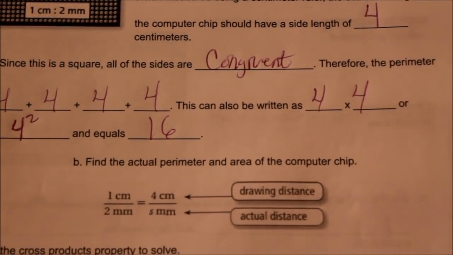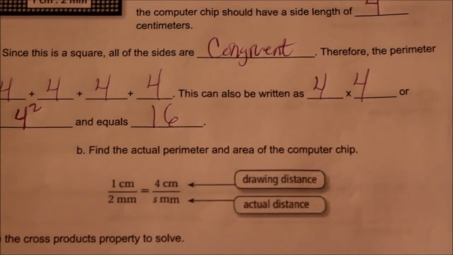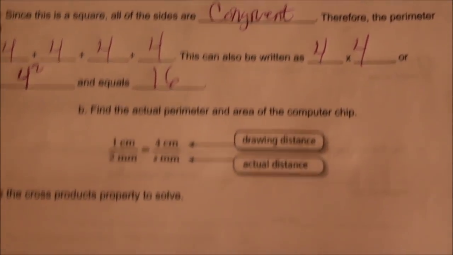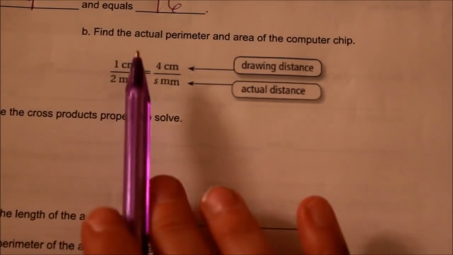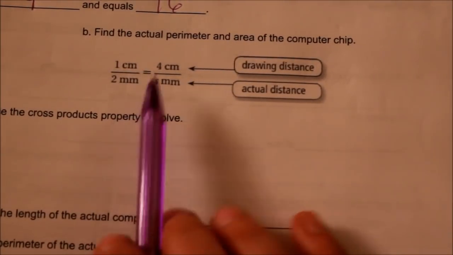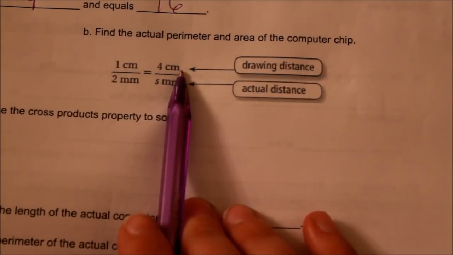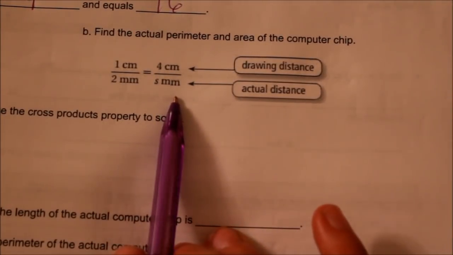Now we find the actual perimeter and area of the computer chip. Remember that we have the same thing here. We have the drawing over the actual. So we have 1 centimeter to 2 millimeters is equal to 4 centimeters, since that's one of the sides, and we don't know how many millimeters.